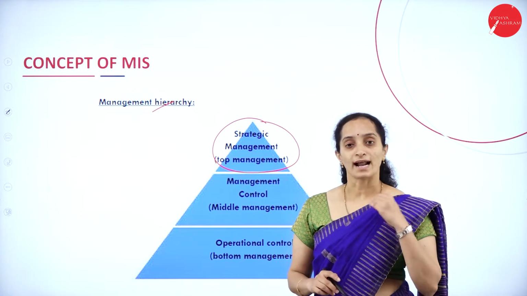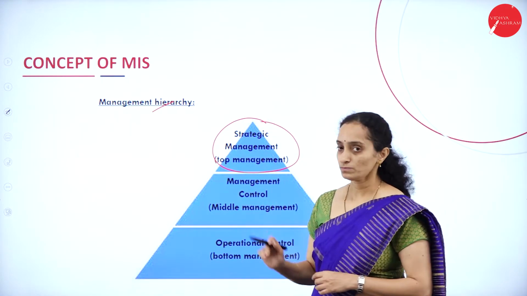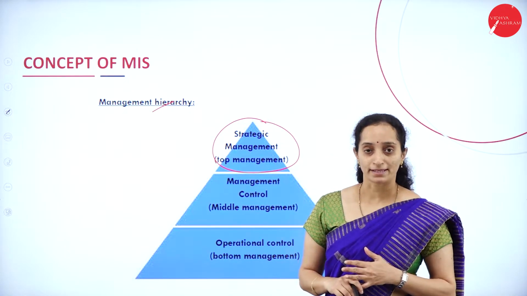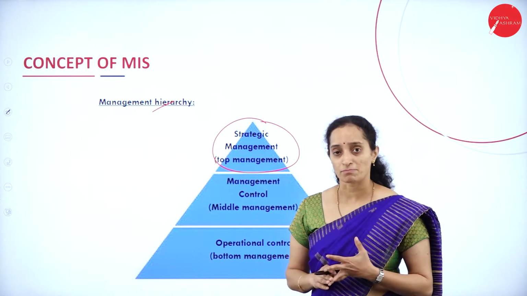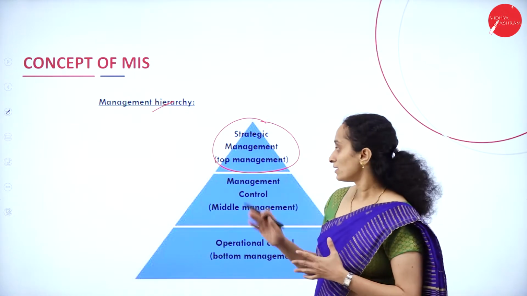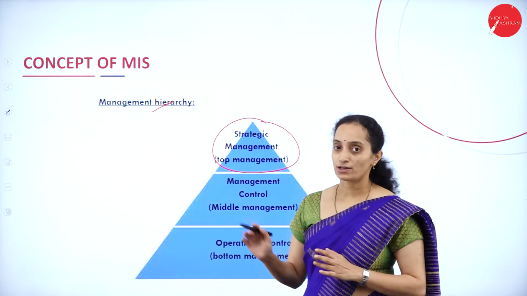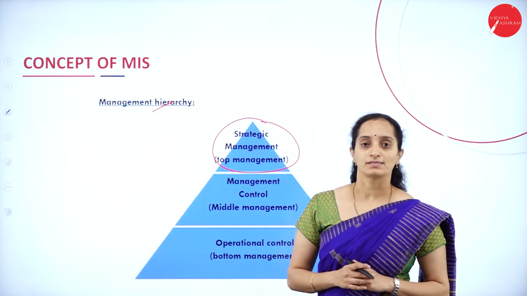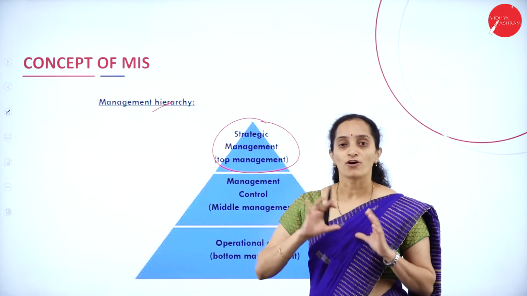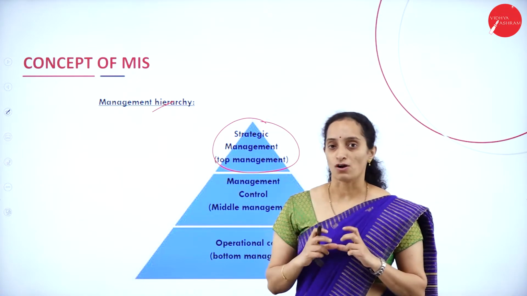by the strategic management or the top level management, like maybe chairmen, members of the board, all those who comprise the top level management who decide on the strategy of the business. What must be the strategy for the long run and for shorter duration?